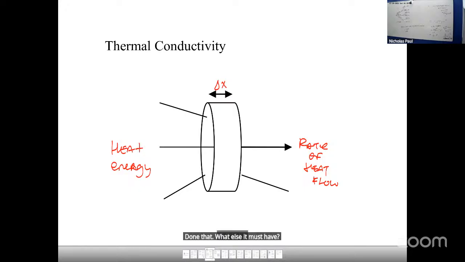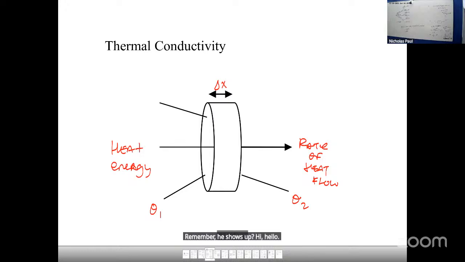The obvious thing, believe me now. It must have something hot, or something cool. Must have a temperature gradient. So it must have a temperature here, let's call that T1, and the next temperature here, T2. So there must be a temperature gradient. Remember, heat flows from high to low, right?